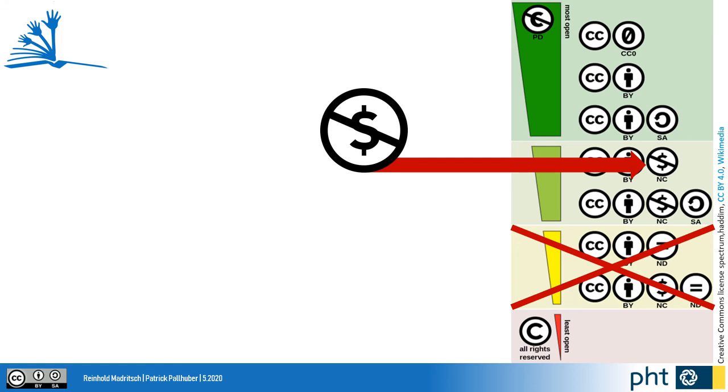The NC condition also restricts the reuse, because materials with this license cannot be used for commercial purposes, for example publishing and teaching outside the classroom.